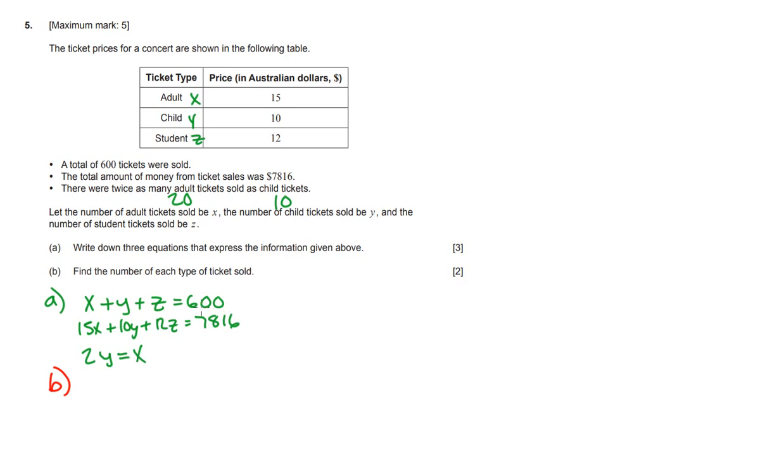Right now the first line and second line are great. We just want to move this over. So let's subtract X from both sides. So we get negative X plus 2Y, and I'm going to put plus 0Z equals 0 over here.